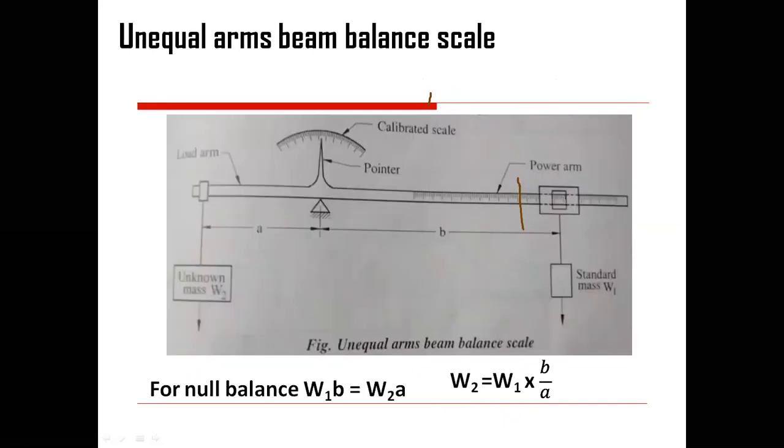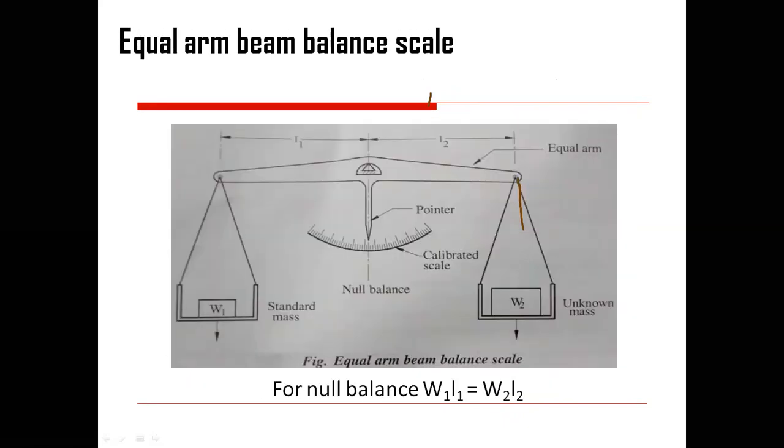Based on this aspect, you are trying to measure the force that has been exerted or the weight that has been exerted. So when you say unknown weight is equal to W1, because W1 is known to you, L1 is known to you, L2 is known to you, you can easily determine the weight when your pointer is at the null position.